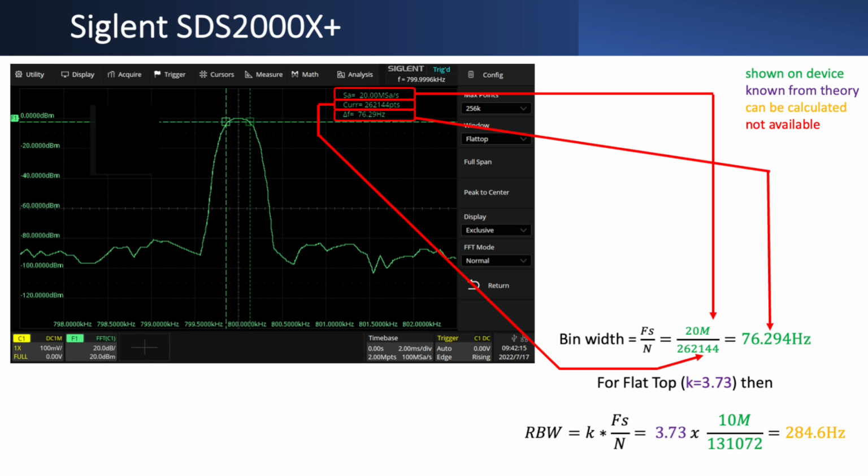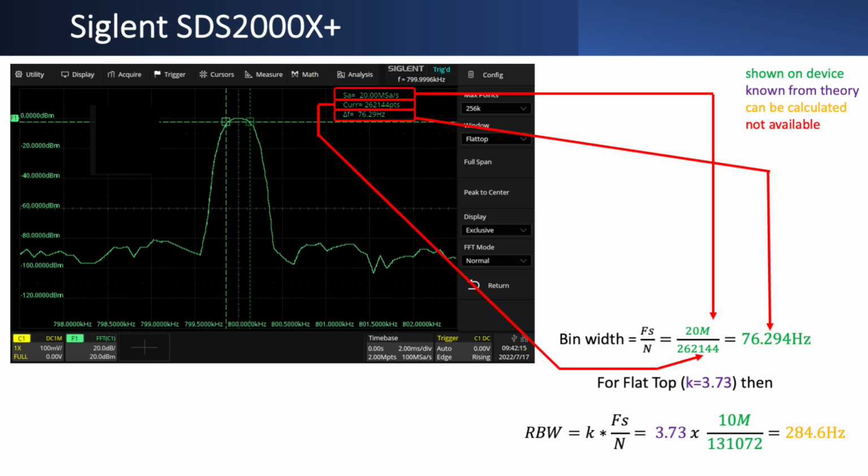I'm indicating in green the values that are actually shown on the device, in purple what is known from theory, like the factors, in yellow what can be calculated but is not shown on the device, and if relevant in red what information is not available at all.